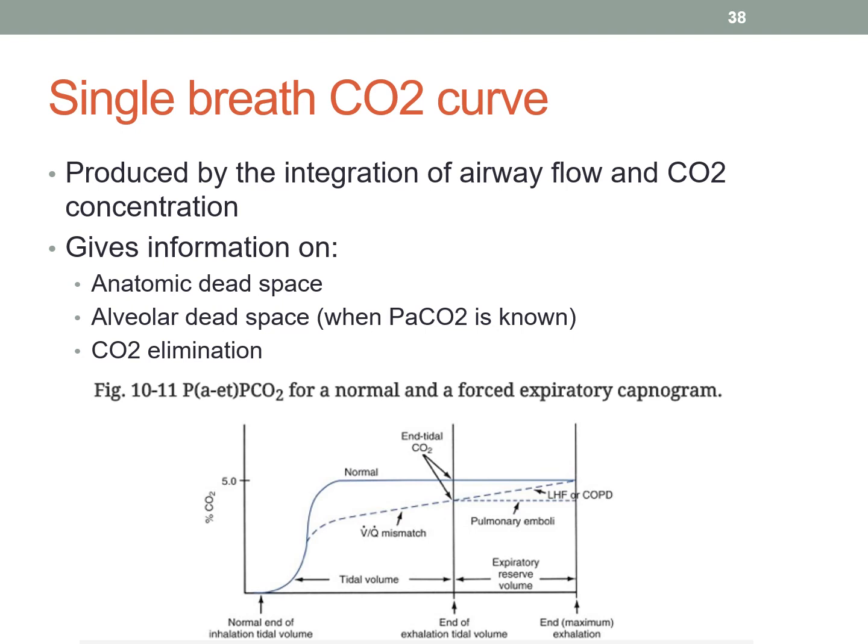The normal difference between your arterial and your end tidal CO2 for tidal breathing should be about 4 to 6 millimeters of mercury. We mentioned that before. For COPD patients and left-sided heart failure, it takes longer to get to the normal CO2.